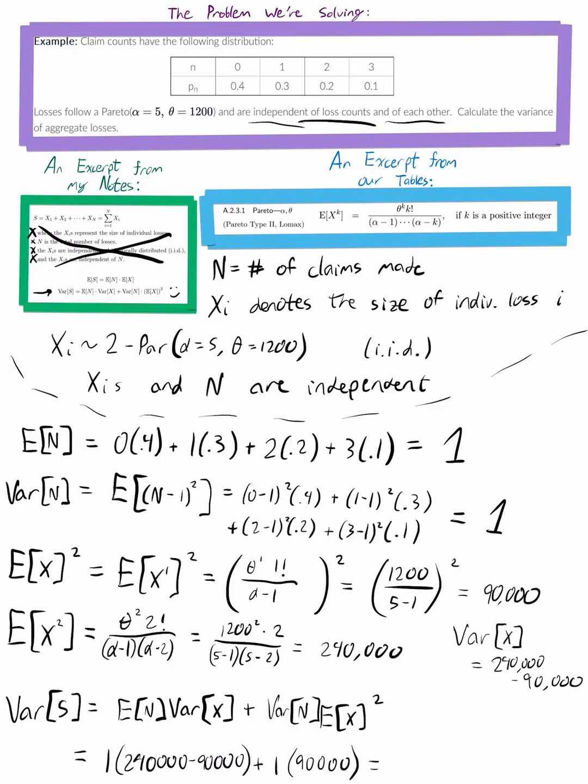Those ones, we can just eliminate them, and we get 240,000 minus 90,000 plus 90,000, which just comes out to 240,000. And that's our final answer.